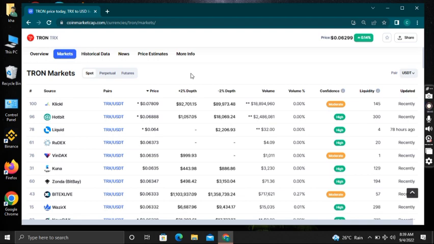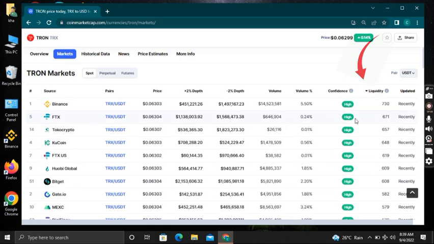But before that, I want to show you that you should be considering liquidity as well. If you click on liquidity, you see all these coins here, having 730, 671, 657, 648, and the rest of it. Please, anyone that has a liquidity of 0 or doesn't have anything written on it at all, avoid such an exchange.